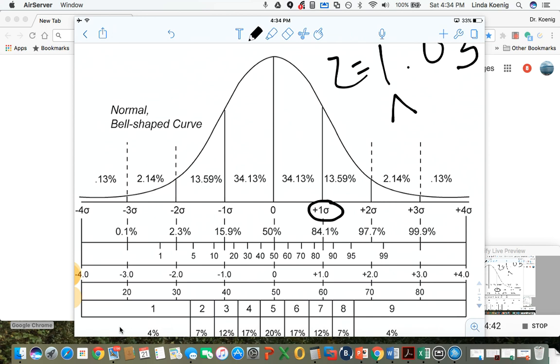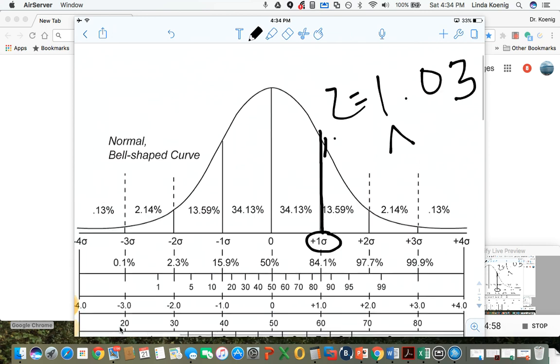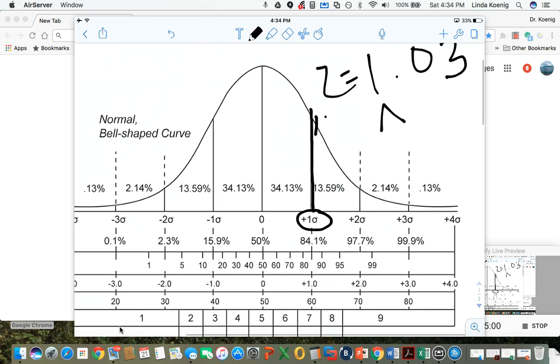It's almost exactly on this line, or just the slightest hair to the right. Because we're at 1, plus we've got the 0.03, which is really negligible. So it's just to the heavy side of 1 standard deviation above the mean.